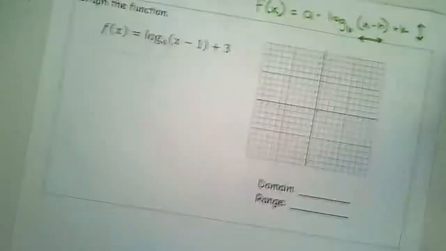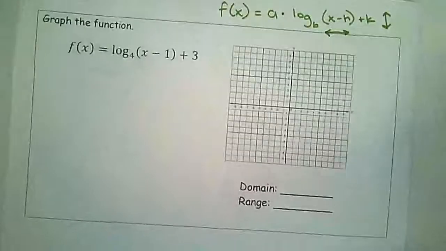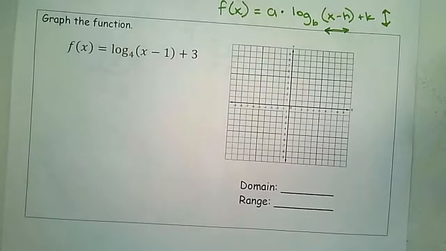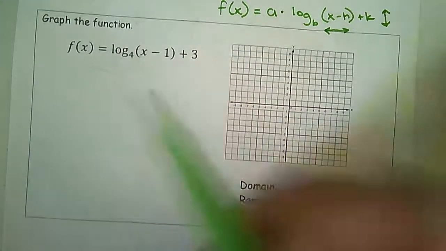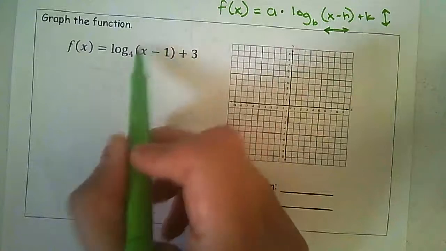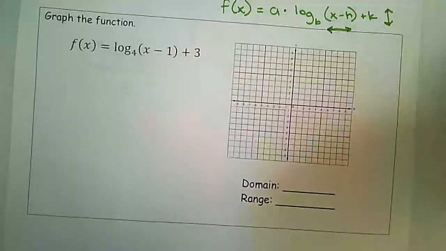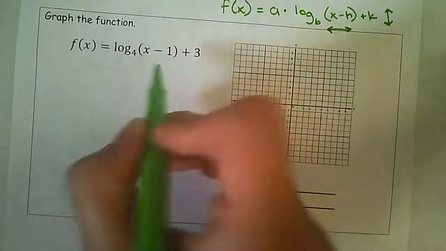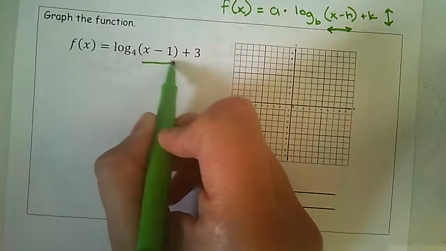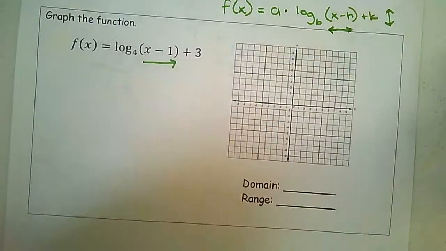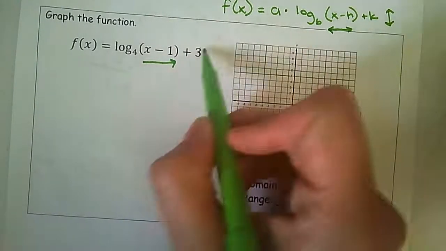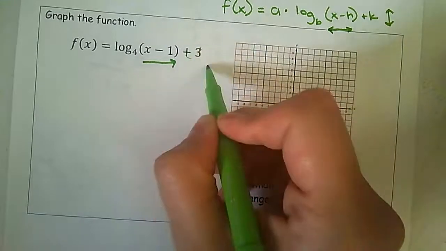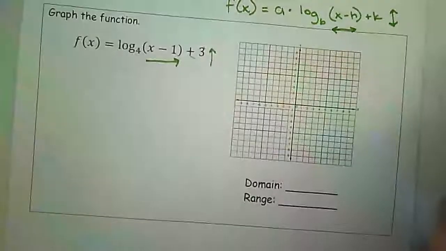All right, so you can see this is the first one we are going to graph. Just like yesterday, I'm going to figure out where my x goes. Remember, the number inside tells us our horizontal shift, opposite of what we think. So this is telling us we need to go right 1. And our vertical shift, our k value, is telling us we need to go up 3.